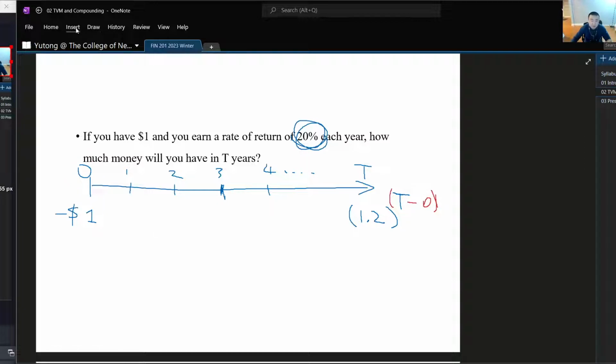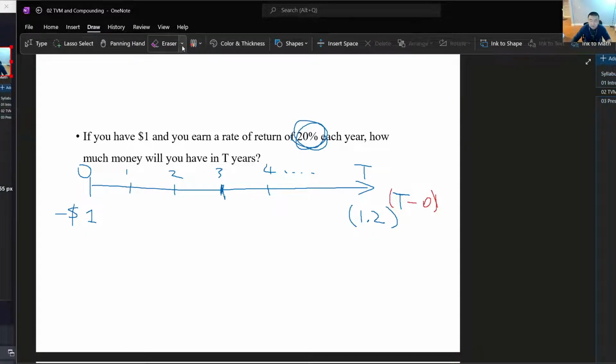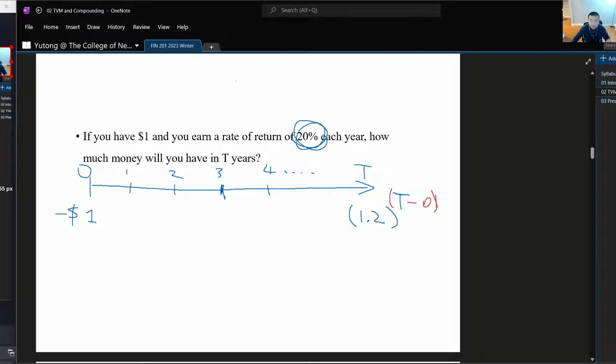So let's look at this case. Let's put it into perspective. Let's assume capital T is 4. Okay, so we should have 0, 1, 2, 3, 4.